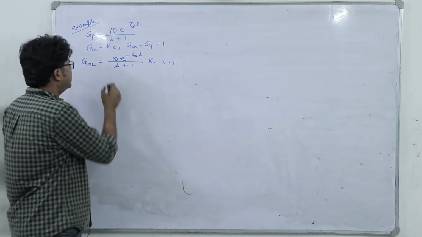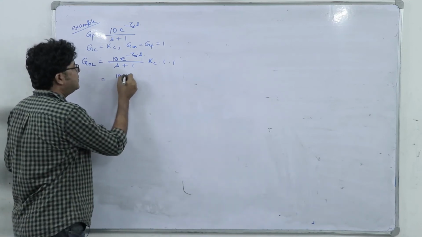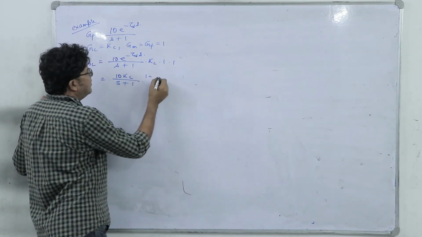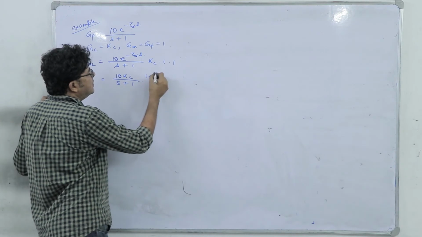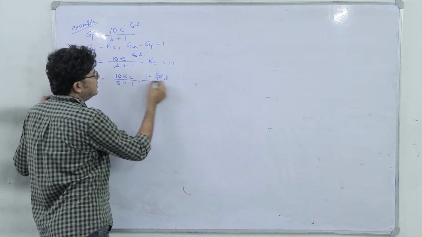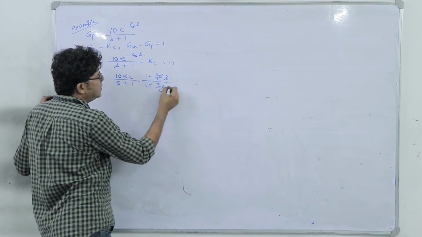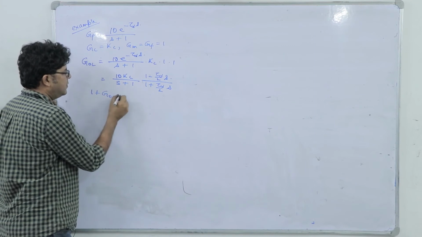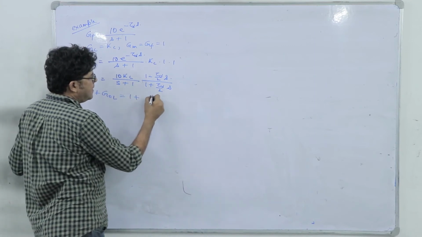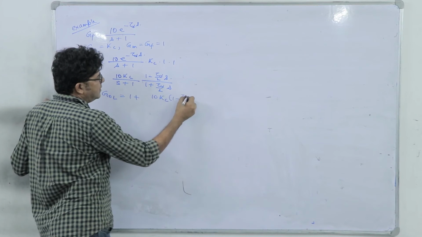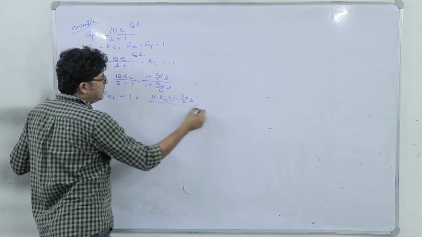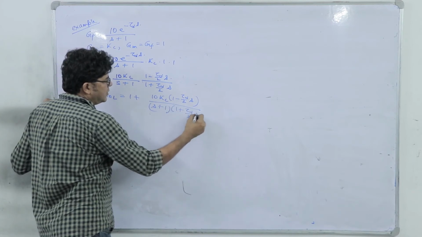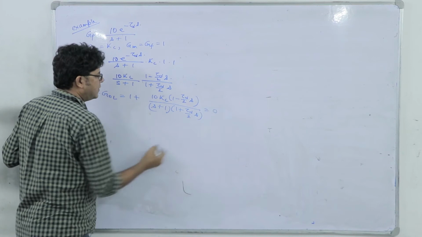So, we have to use the Pade approximation. Let us use Pade's first order approximation: (1 minus tau_d by 2 into s) divided by (1 plus tau_d by 2 into s). So, that is the open loop transfer function, and the characteristic equation will be 1 plus 10 Kc (1 minus tau_d by 2 into s) divided by (s plus 1)(1 plus tau_d by 2 into s), and that is equal to 0.